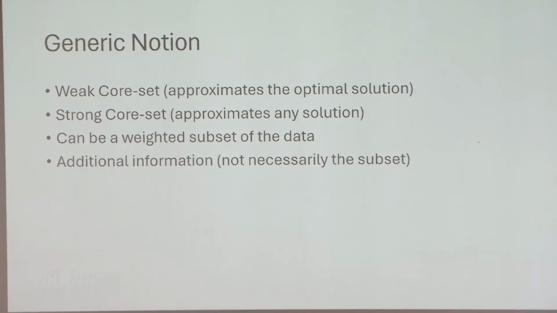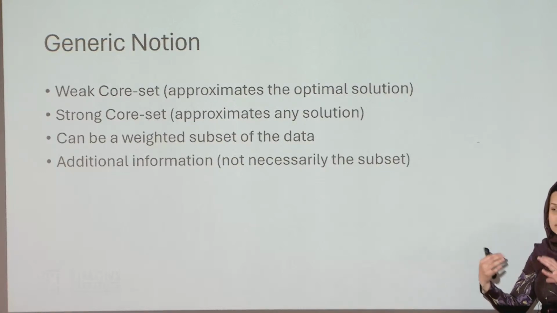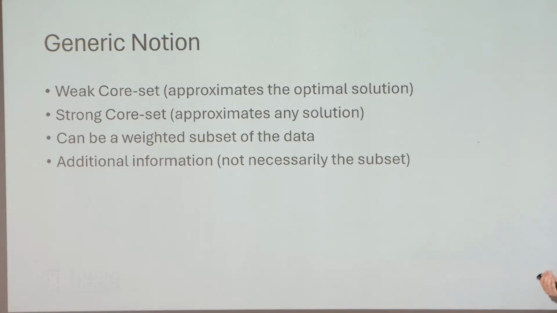For example, we have weak coresets that only preserve the value of the optimal solution, and strong coresets that preserve the value of any solution. Sometimes we allow the coreset to be a weighted subset of the data as opposed to just a subset of the data. Sometimes, in some works that deviate slightly from the main definition, we allow some additional information to also be kept along with this subset.